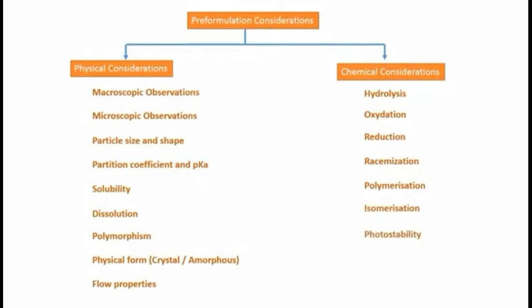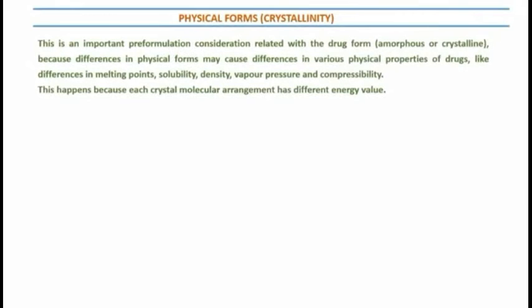In enantiotropic polymorphs, the phase transition is reversible, that means metastable, and the example is sulfur. And in monotropic polymorphs, phase transition occurs only in one direction, that means straightforward, and the example is glyceryl stearate.